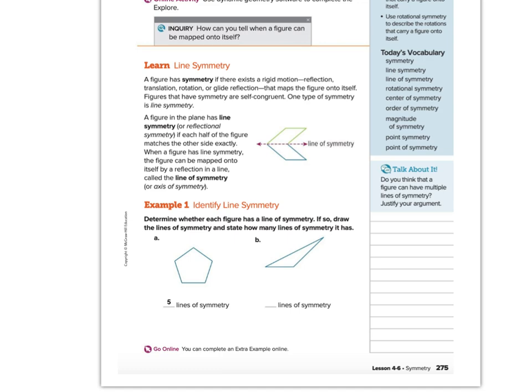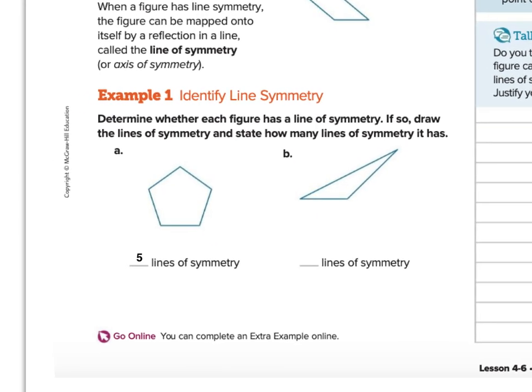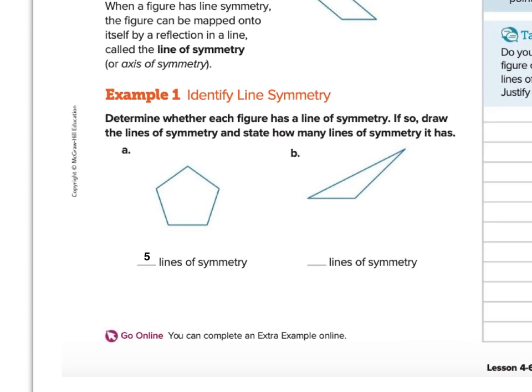So for example, if I were to take this pentagon here and fold it in half along that line, it would fold on top of itself like a reflection. So technically we have 5 different locations that we can do that from and create that reflection, so it has 5 lines of symmetry.